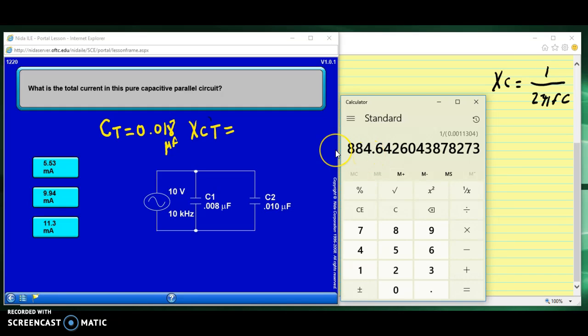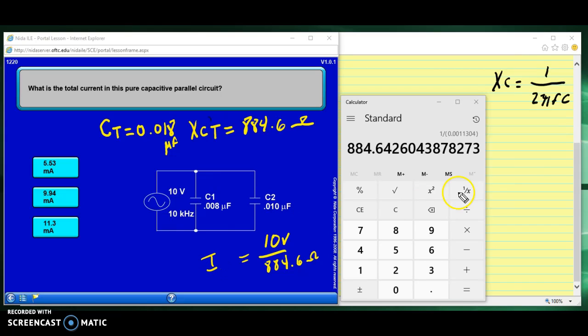884 ohms. So X of CT is 884.6 ohms. So now it's just a matter of applying the 10 volts EA divided by 884.6 ohms to get our current.